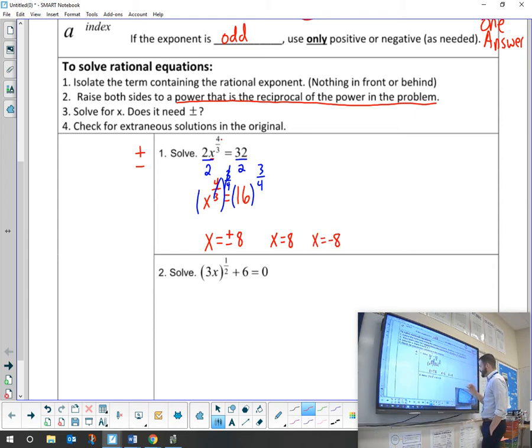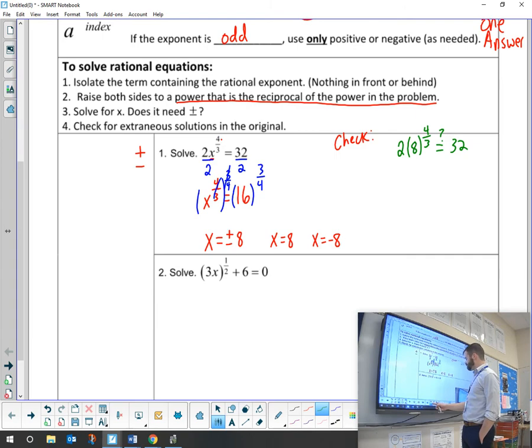Now, we're going to take both of these answers and plug them back in. We've got to check. Okay, so I'm going to come over here and check it. First, we're going to go 2 times 8 to the 4/3, and we're asking, does that equal 32? So let's plug this in.